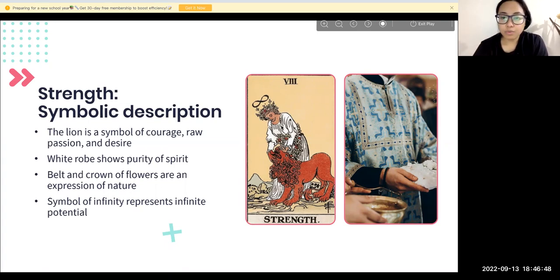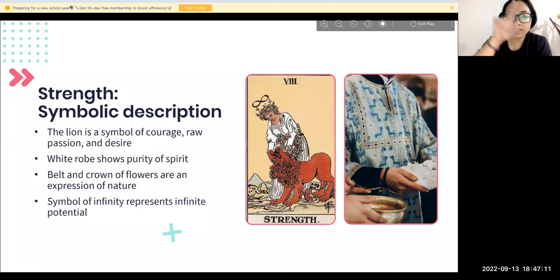And the white robe, as I told you, white color is always about purity. So this lady has a pure heart, pure spirit, right? And the belt and a crown. She's wearing a crown and a belt with flowers, which signifies that she is deeply connected with nature, and she is a representation or an expression of nature, right?